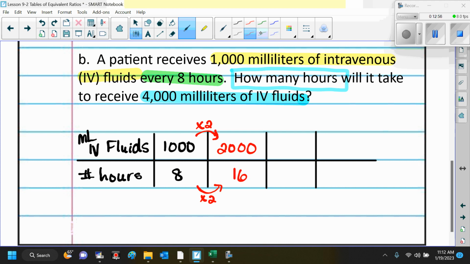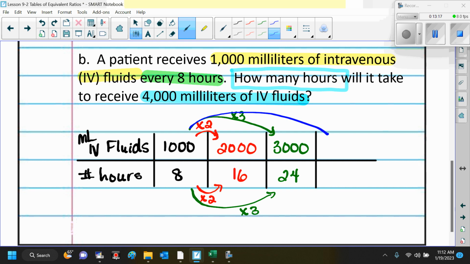To 16. Very good. And then, from the original, we're going to multiply times 3. Times 3. So that's going to get us to 3,000 milliliters in how many hours? 24 hours. Yep. And then we're going to get to our next one.